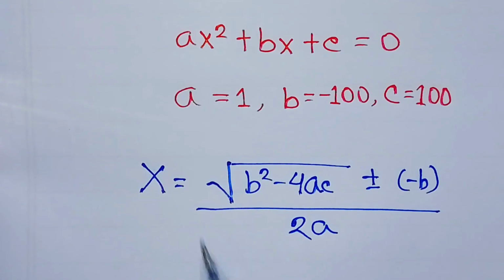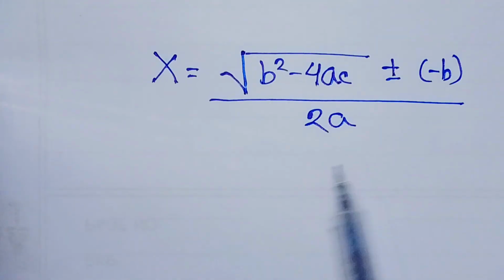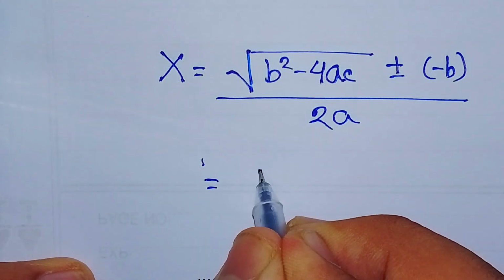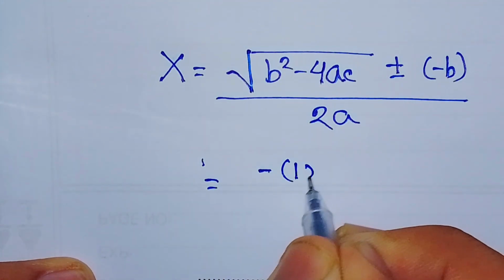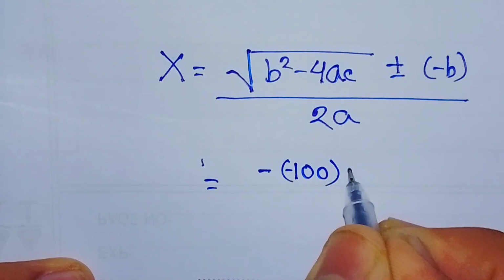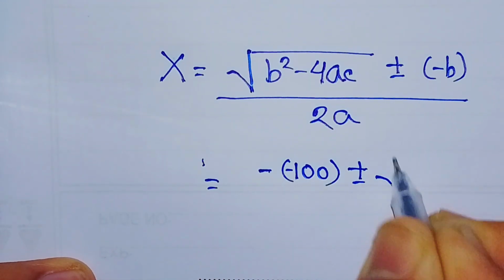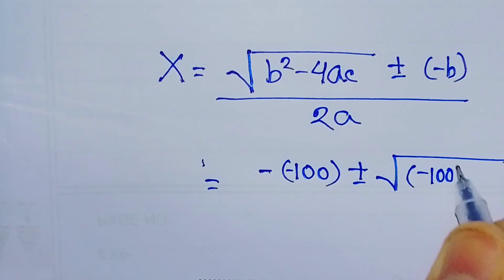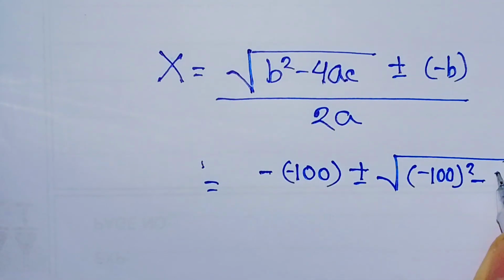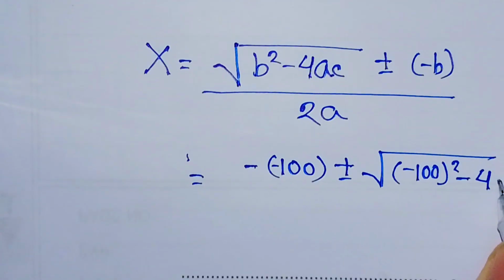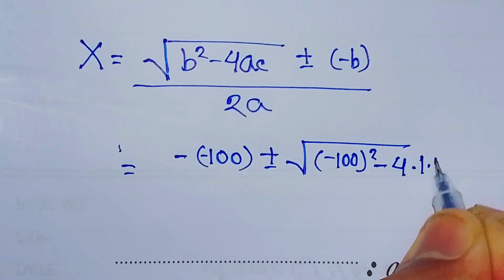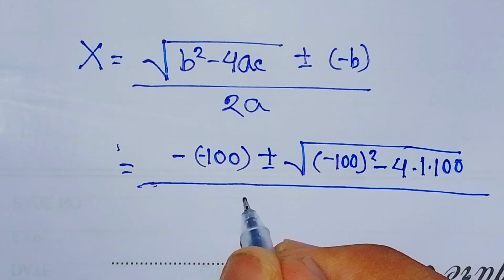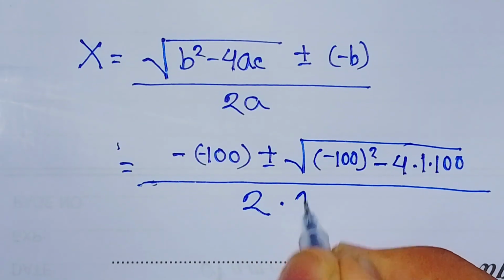So from here we just replace the value of a, b, c into this formula, then we'll get the equation looking like, right? Minus of minus 100 plus minus root over minus 100 square minus 4 times 1 times 100 divided by 2 times 1.